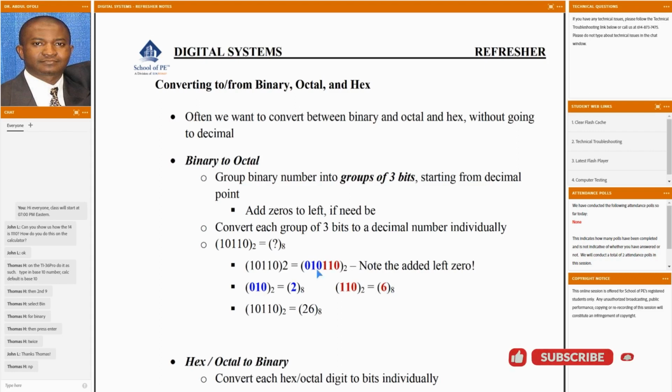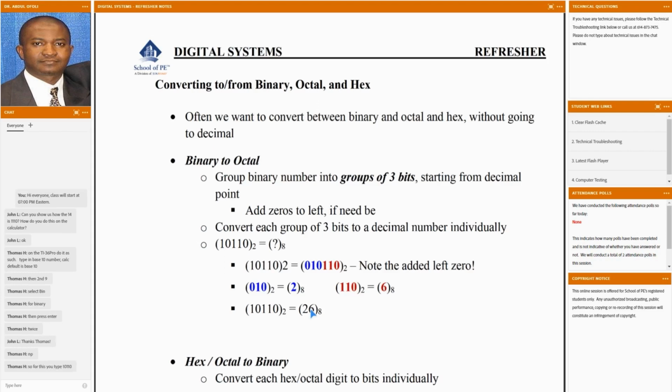Now we combine the blue and the red, which is 5 and 6, and we get our number in base 8. So group all the bits into 3s, find the decimal equivalent for each group, and then put the solutions together, and you have your answer in base 8.